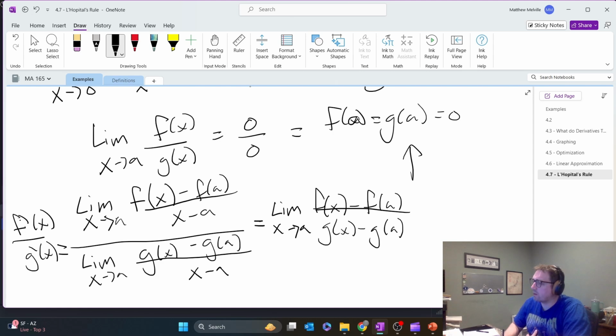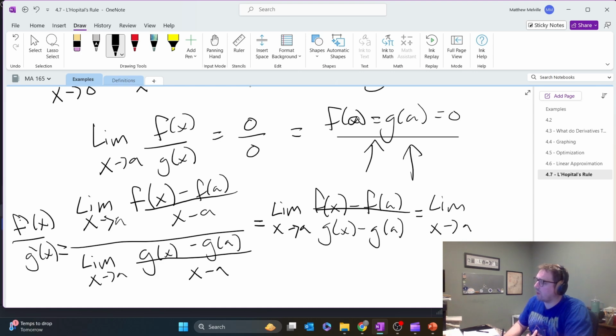But up here, we know that f of a equals g of a, which equals 0, which gives us the limit as x approaches a of f of x over g of x. And you're like, well, that's what we started out with right here. The answer is yes. And that's kind of what we wanted, because if we have this form where f of a and g of a equal 0, then the derivative is equal to the same thing.